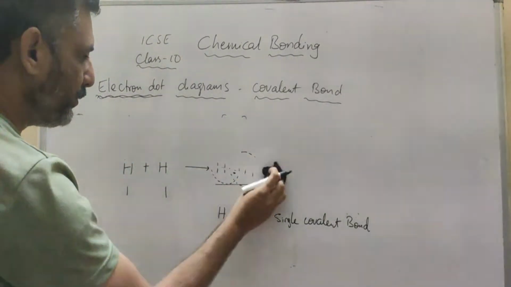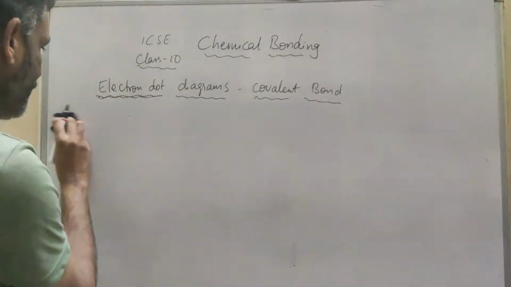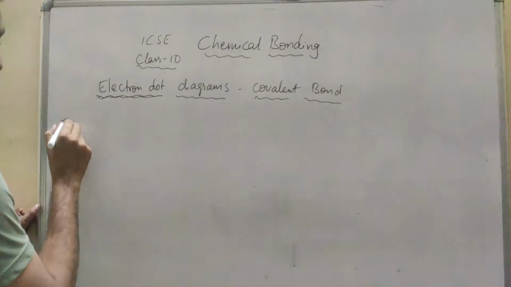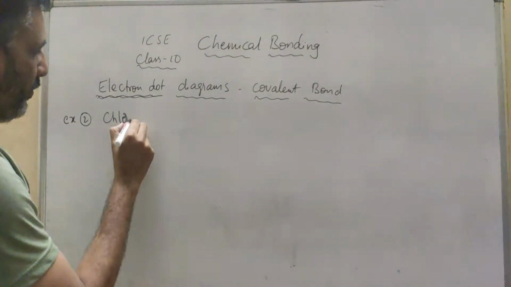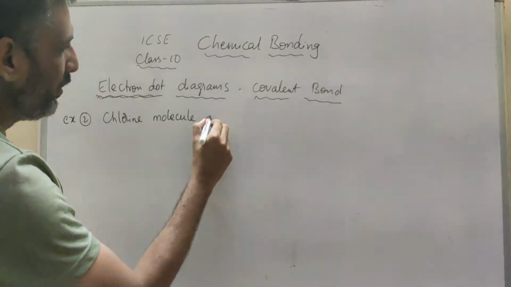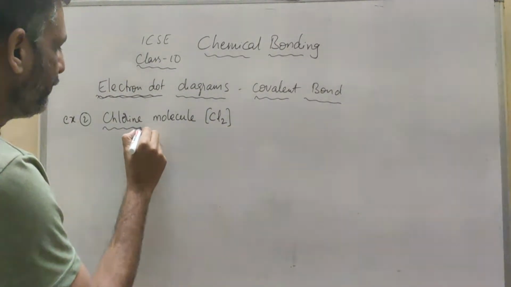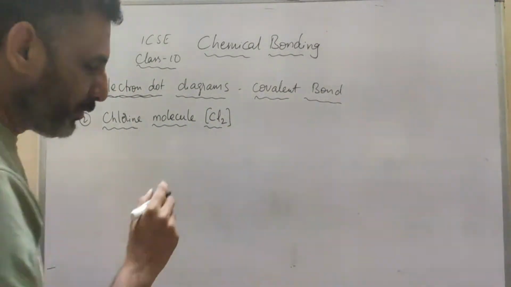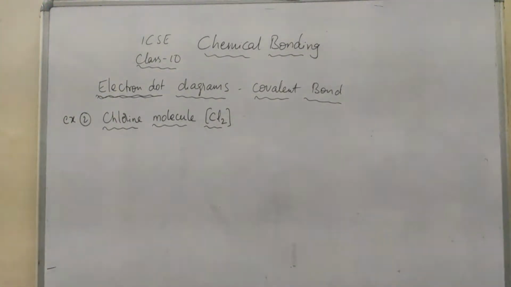Let's see example 2. That is chlorine molecule. Molecular formula of chlorine molecule is Cl2. That means two chlorine atoms are participating in the bonding.